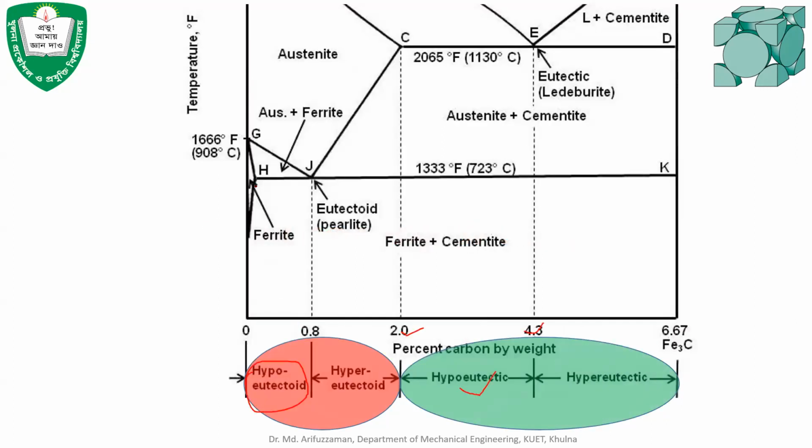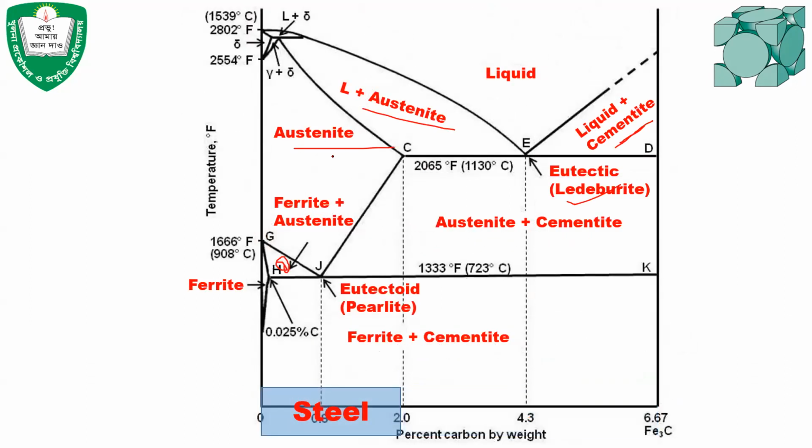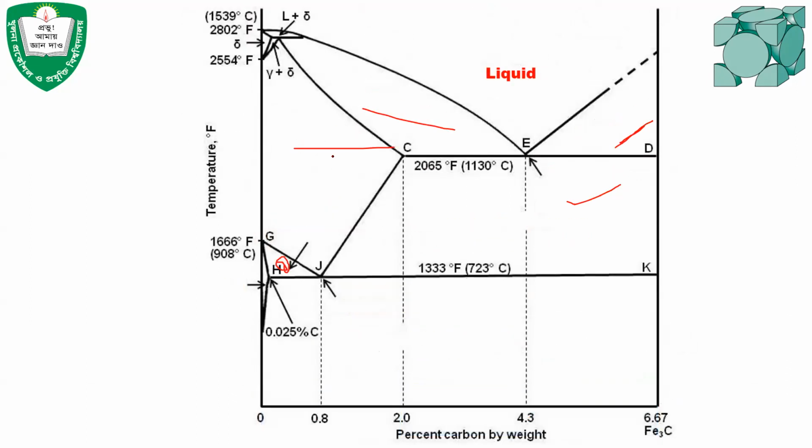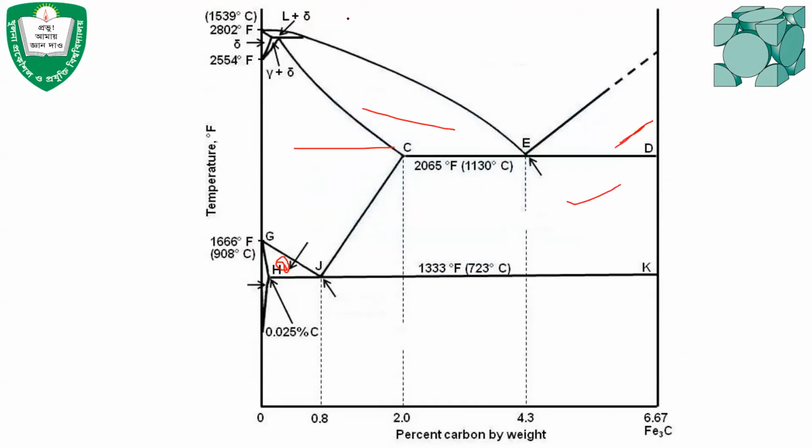Now, to understand the iron carbide diagram more clearly, we are going to study various steels that are formed here.